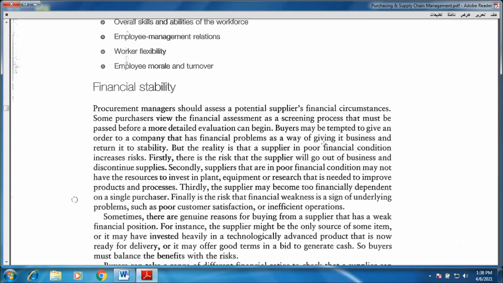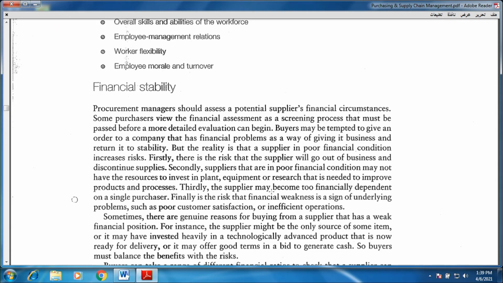So we need to think about the poor financial conditions of the suppliers. Certain suppliers could lead to higher risk for us. If they are not stable, we could be not stable. If there is poor production, poor financial abilities, we could face the risk of bankruptcy of these suppliers in the future.